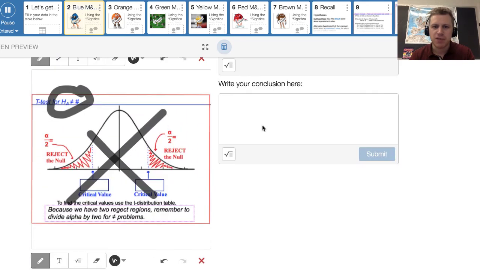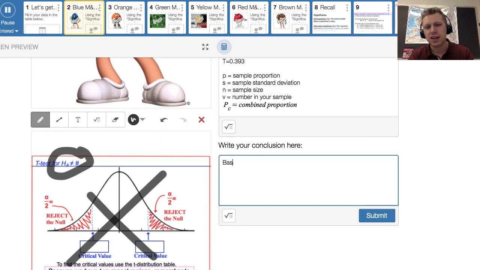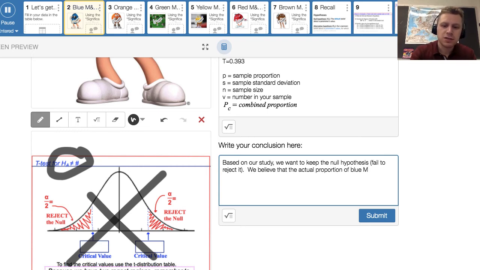So now I need to write some type of conclusion here, right? And I would say, based on our study, we want to keep the null hypothesis, which also means fail to reject it. We believe that the actual proportion of blue M&Ms in a bag is likely 24%, like the website says.